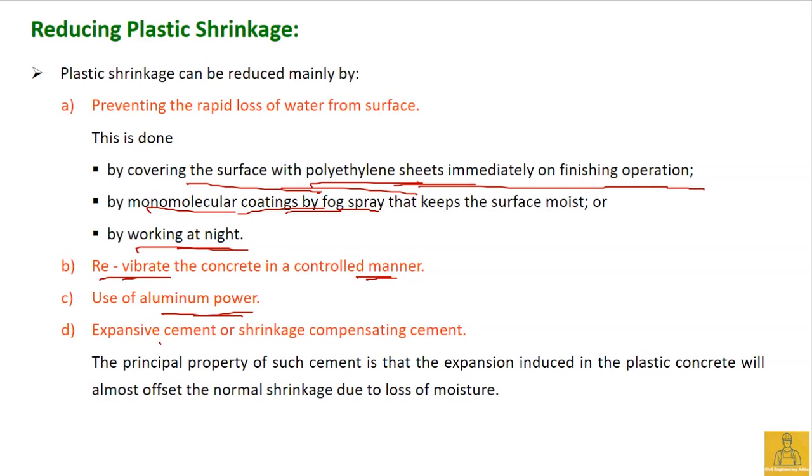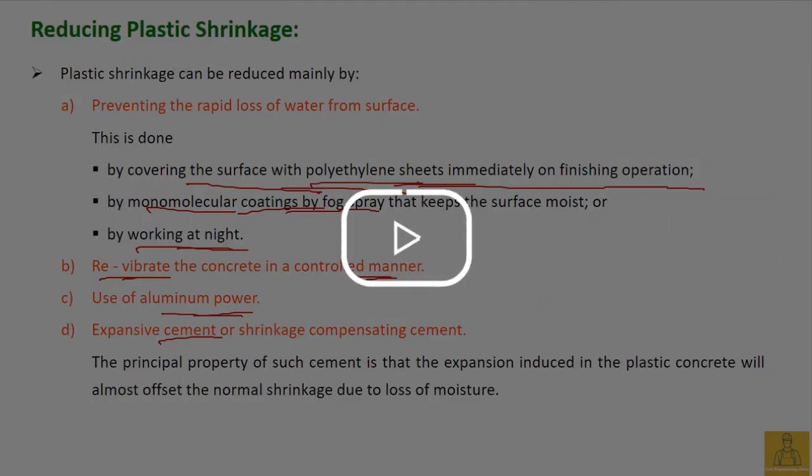And you can use expansive cement. Expansive cement is the cement that expands on setting. Because of shrinkage, loss of water, cement tries to contract, decrease in its volume. Whereas when you use this expansive cement, while the cement is undergoing shrinkage, it also tries to expand because of its property.